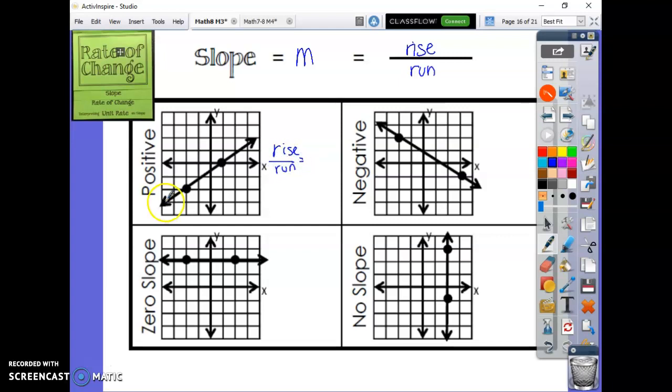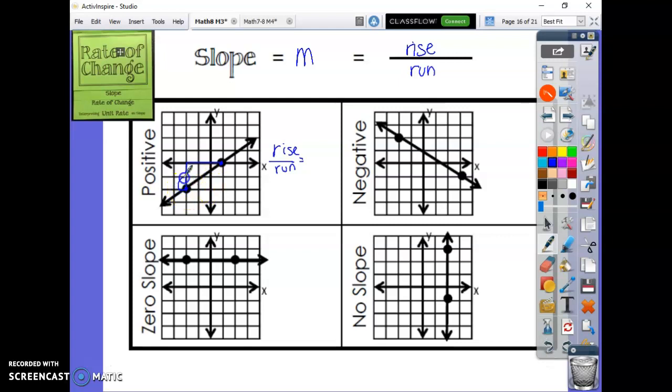If we have a graph of a line just like this, we have point A and point B. The slope, or how steep this line is, we can figure out by how far we go up and over, or down and over. Let's look at up and over.